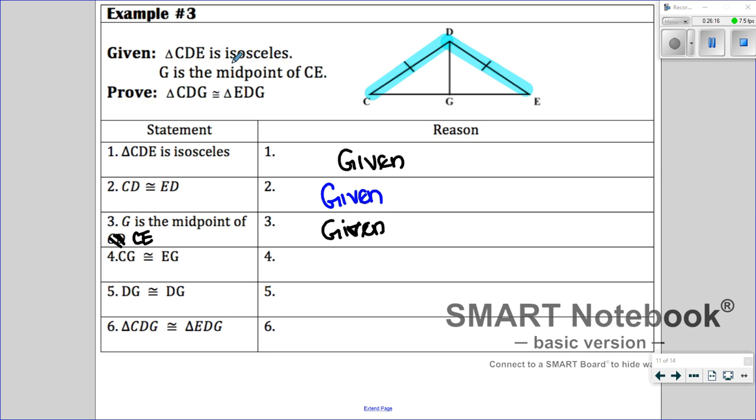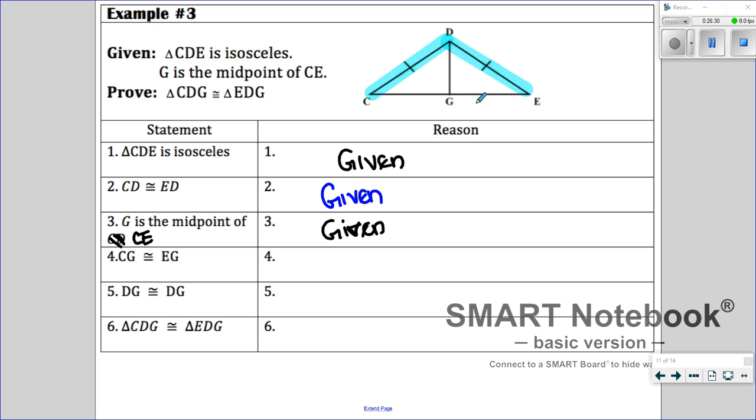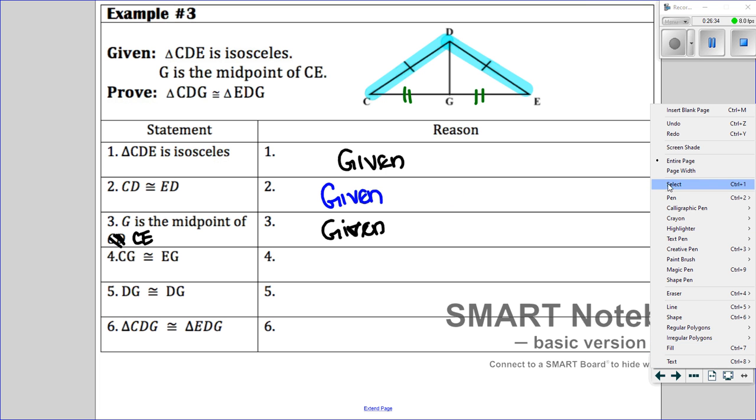Alright, so then if G is the midpoint of CE, the next step, they said that CG is congruent to EG. And the reason why, so I'm going to mark that up. So this, 2 marks, is congruent to that, and I'm going to highlight that in green.